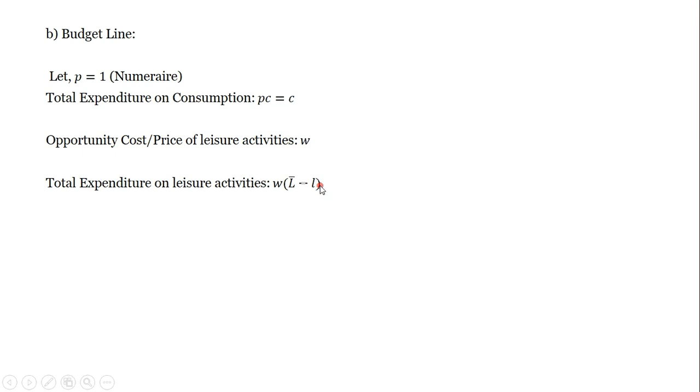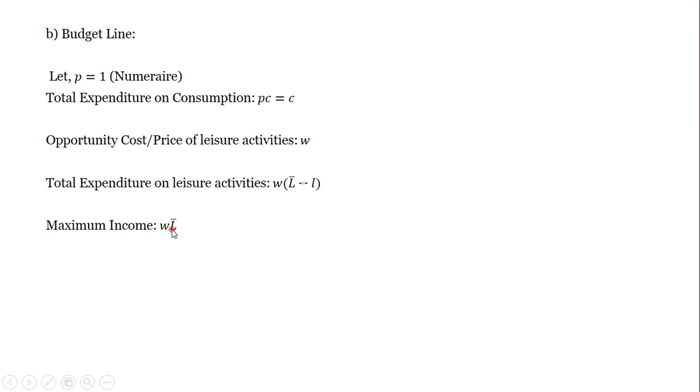So the budget line must be equivalent to total expenditure on consumption plus total expenditure on leisure activity, which is less than or equivalent to total income. So what is the maximum potential income? The maximum income a person can earn if he does entire work, and does zero leisure activity, is WL bar.